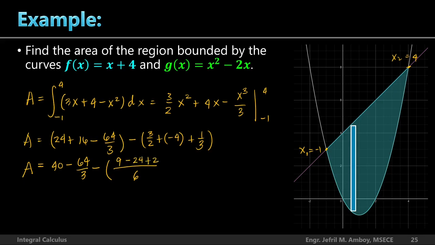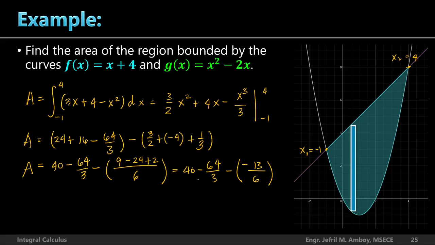And then dito, 2 yung ilalagay natin, kasi 2 over 6 is 1/3, di ba? Now, ito ay magiging equal sa 40 minus 64 over 3 minus, okay, simplify natin. 9 plus 2 is 11 minus 24, that's negative 13 over 6.